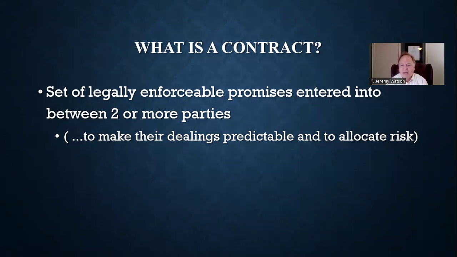But I think fundamentally what you should memorize is this first part. A contract is a set of legally enforceable promises entered into between two or more parties. Okay, that's so important.